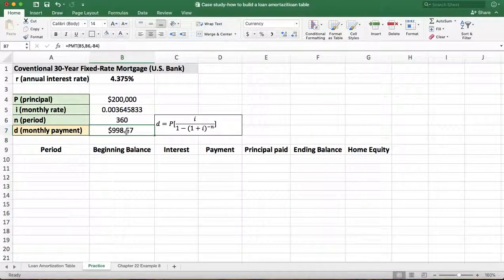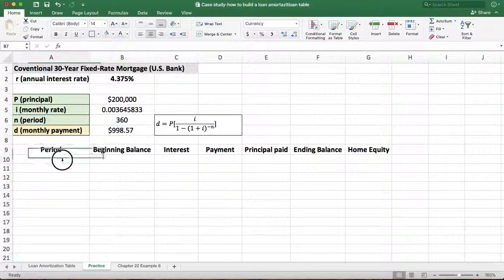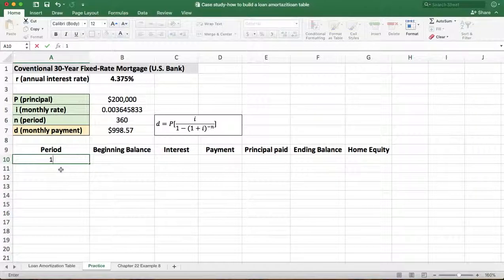So we have the monthly payment. Let's build the amortization table. First, we need to build 360 periods.